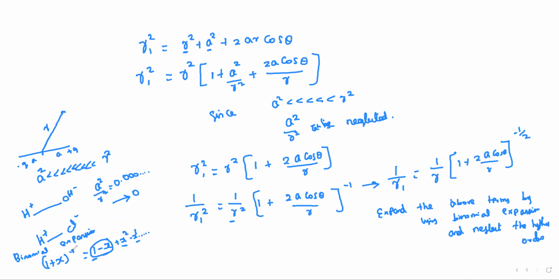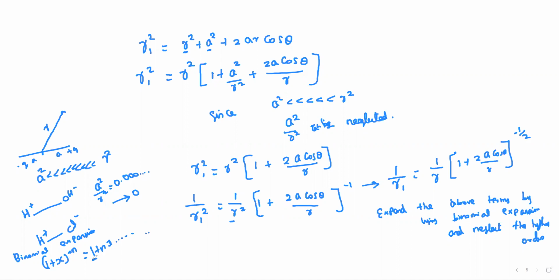So it is 1 plus x whole to the power of n. In that, the first two terms will be 1 plus nx, and it goes on. Then the x square, x cube terms will come, which we neglect.